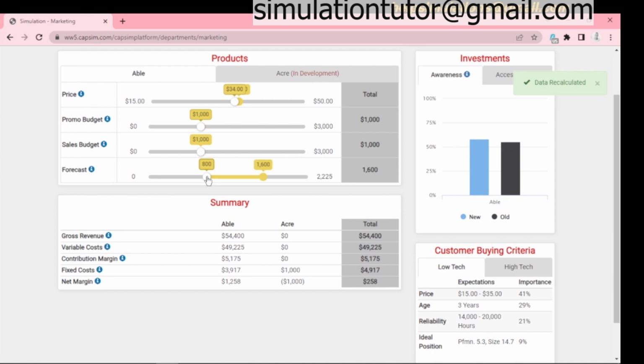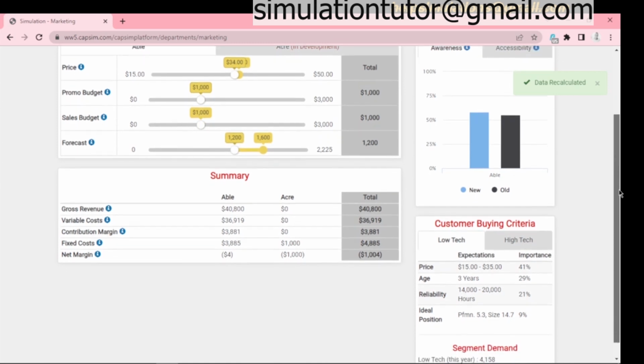Because the product that we have in the high-end market segment is still in development, maybe I'll presume that we'll sell about 1,025. So maybe we can switch this to 1,200, because we are targeting both markets, the low tech and the high tech market. I'll leave it that way, 1,200.